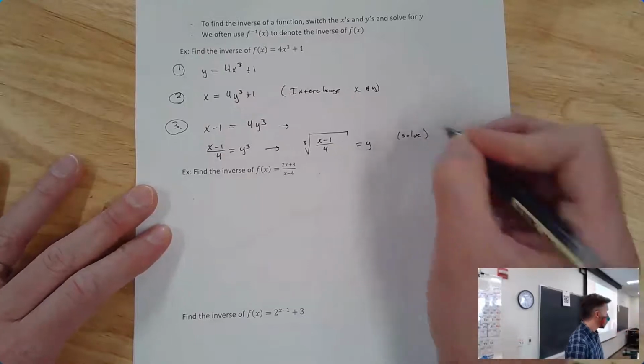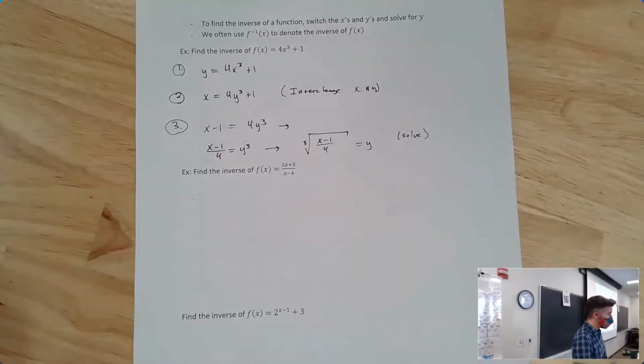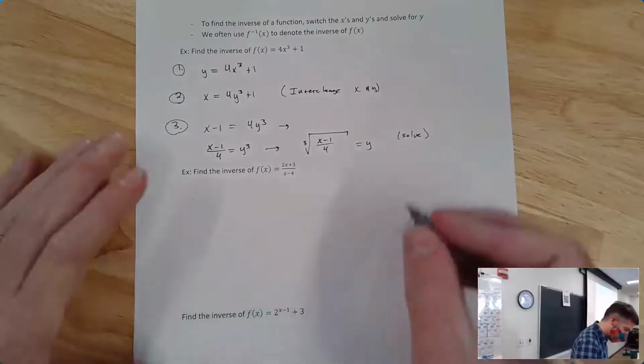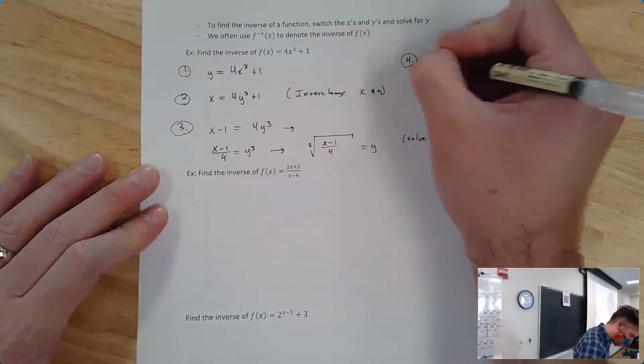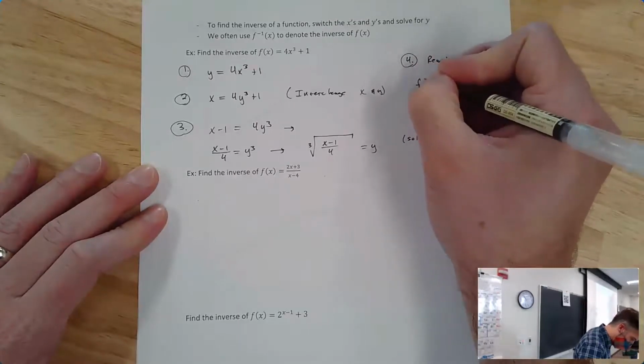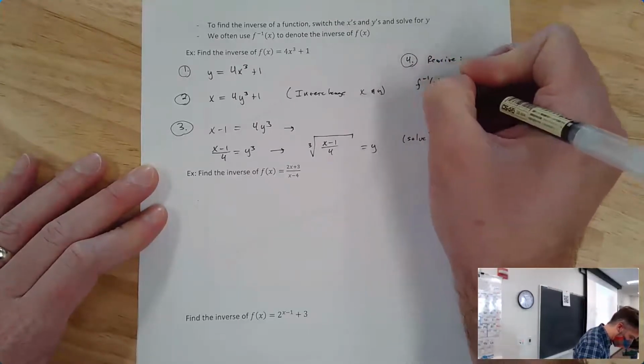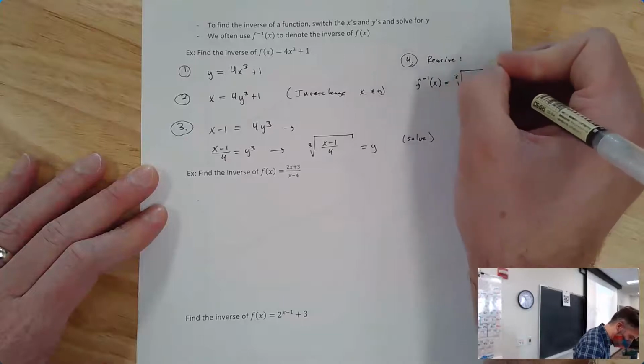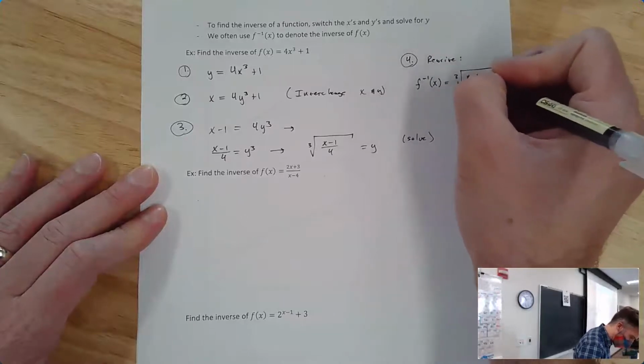The last step is also kind of a nothing step. Replace y with the notation f to the negative 1 of x, which we read as f inverse of x. So step 4 is just rewrite it as f inverse of x equals the thing we found it to be, the cube root of (x minus 1) over 4.